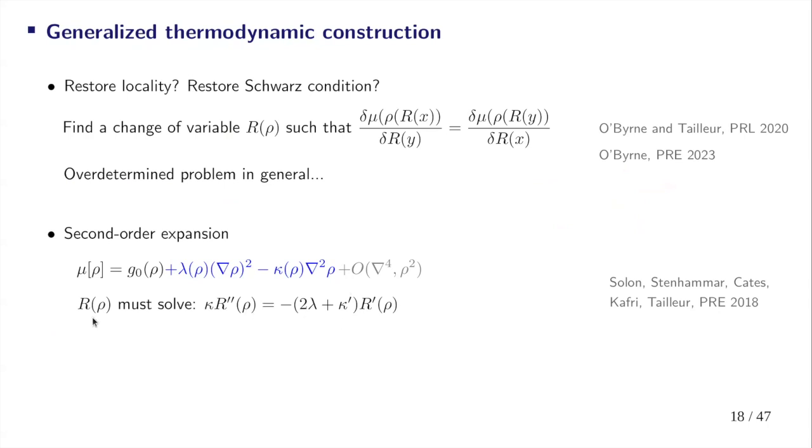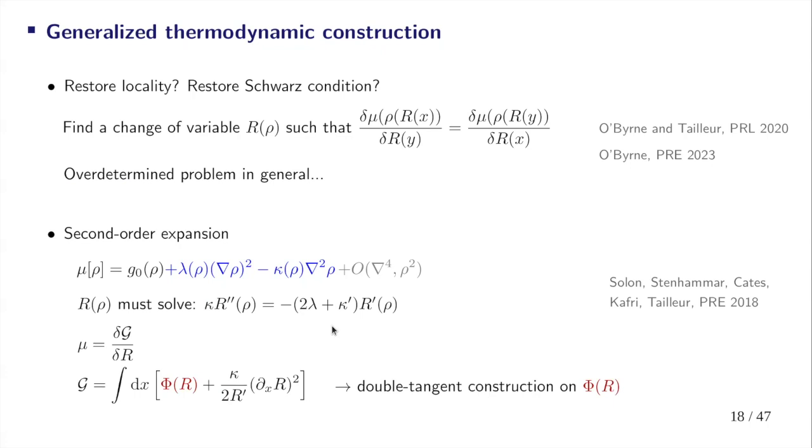And this change of variable must solve this equation for profound reasons of a change of phase. When you go across a phase, you have to cancel some terms. This enforces this change of variable, and with that, you're able to identify your big functional that will be useful.